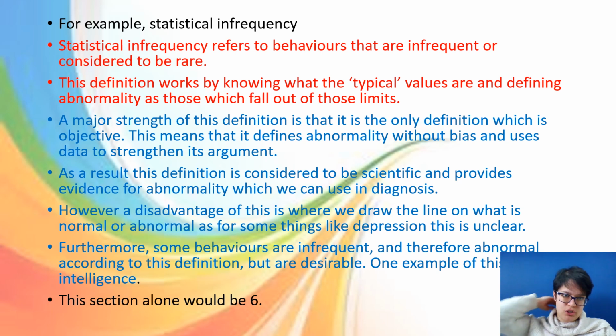So I just wanted to show you how this would look in terms of me marking it. The red points refer to AO1, so I would have given this 2 AO1s because of its expansion on the definition there, and it would have got about 4 AO3s. There's lots of AO3s in here, partly because they're expanded, because they're explaining what's objective, what it means by scientific.